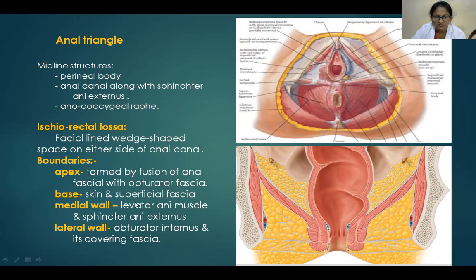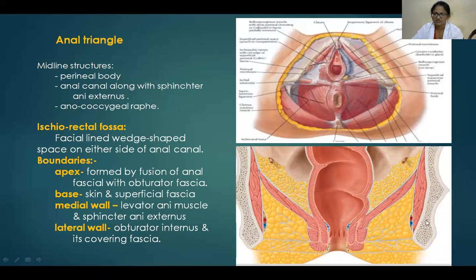The medial wall is formed by the levator ani muscle along with its fascia, and in the lower part you see the sphincter ani externus muscle. These two are the medial boundaries of the ischiorectal fossa. The lateral wall is formed by the obturator internus muscle along with its covering fascia.